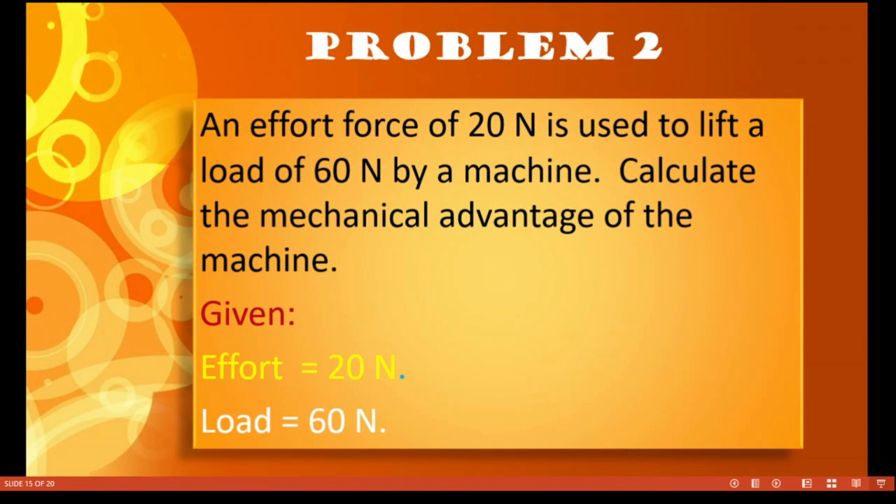An effort of force 20 Newton is used to lift a load of 60 Newton by a machine. Calculate the mechanical advantage of the machine. So the given data are effort equal to 20 Newton and the load is equal to 60 Newton, and we are supposed to calculate the mechanical advantage of this machine.